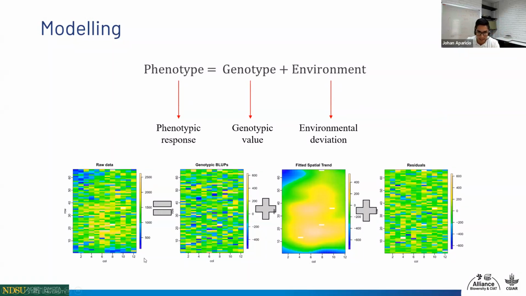Here we can see the colors: yellow is where we got higher yield, and blue is where we got lower values for this response variable. In this case it's raw data, the yield response variable. What we try is to separate what is genotypic and what is spatial variation, and reduce as much as we can the residual variation.